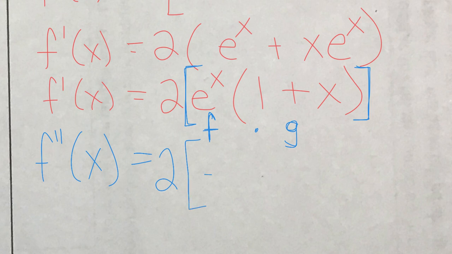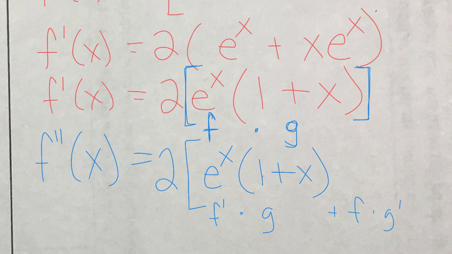So f prime is e to the x times 1 plus x, that's g. So once again, this is f prime times g plus f g prime, plus our f function, which is once again e to the x, times the derivative of 1 plus x, which is just 1.